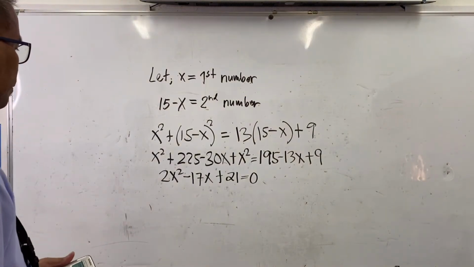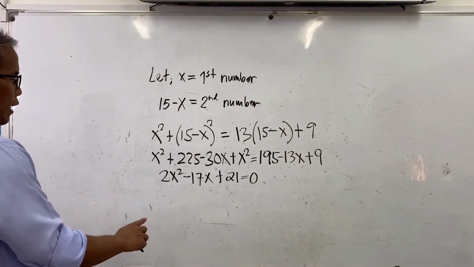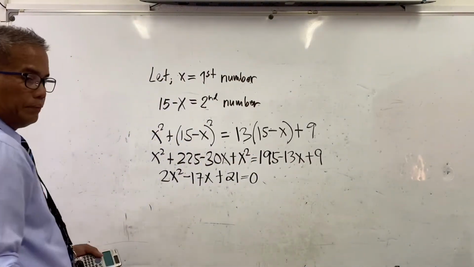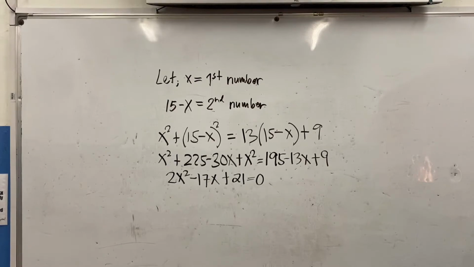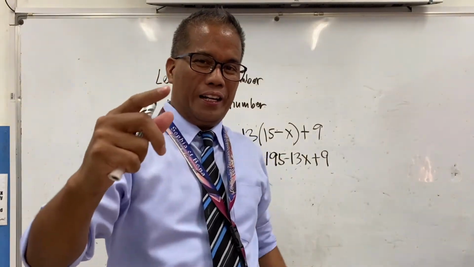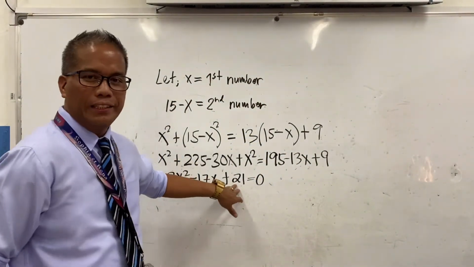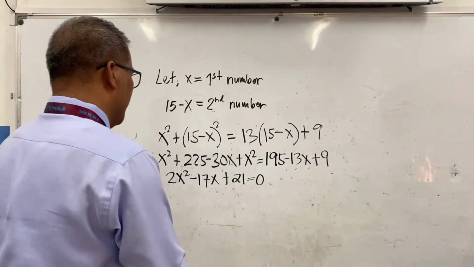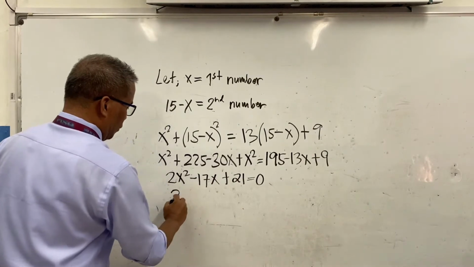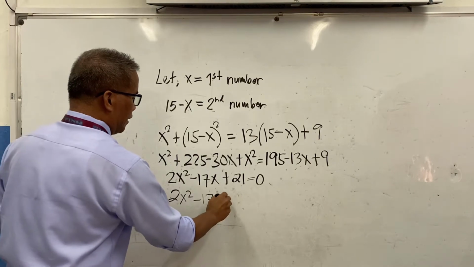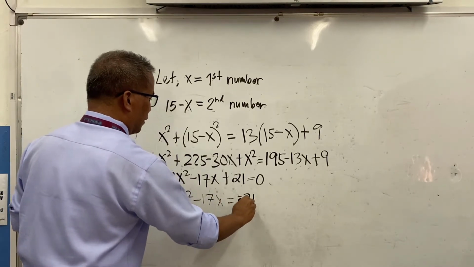And then we will transpose this 21, because we are using the completing the square method. 2x squared minus 17x equals negative 21.